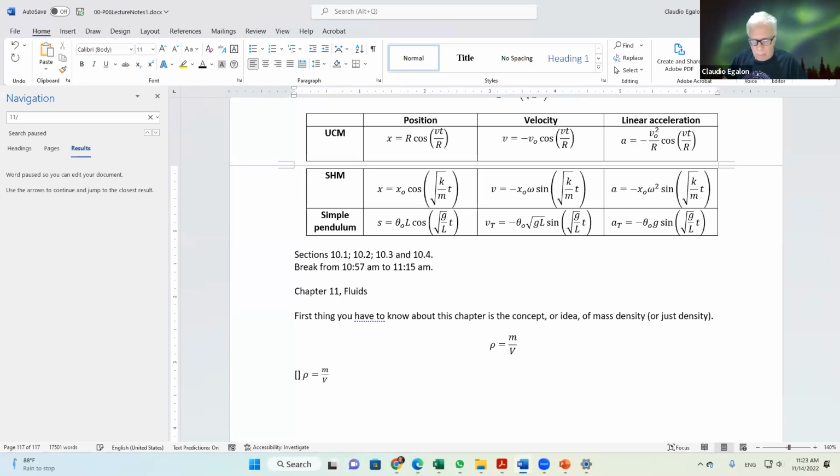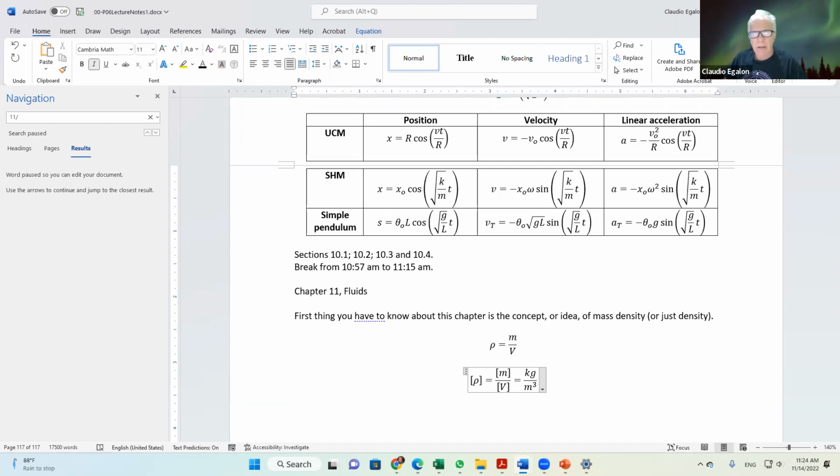Most likely you have already learned about this in chemistry, but let's just review that here. Kilogram per cubic meter.